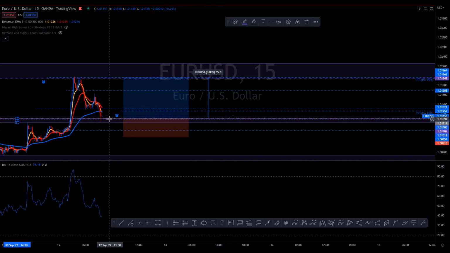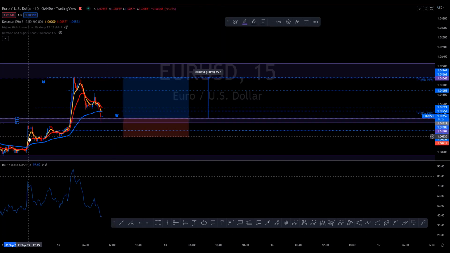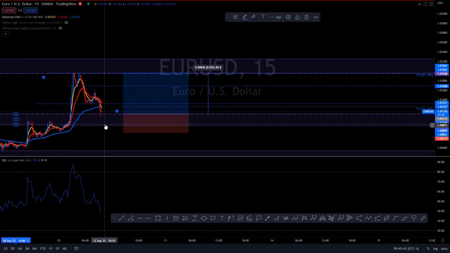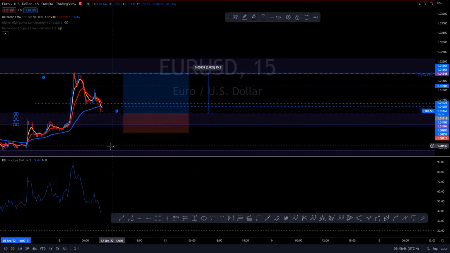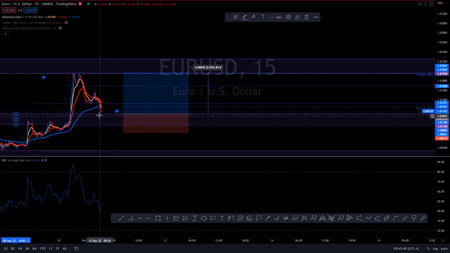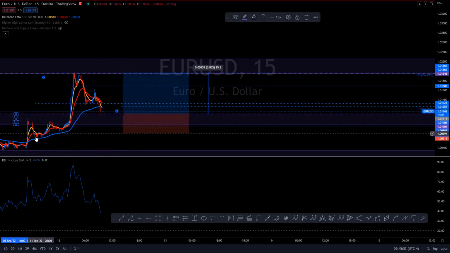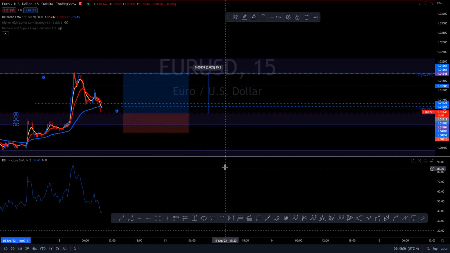See, I think it's retesting this demand zone. I really do. But it could go for another swing down to here. Good. I see a lot of wick action here. Let's wait and see.